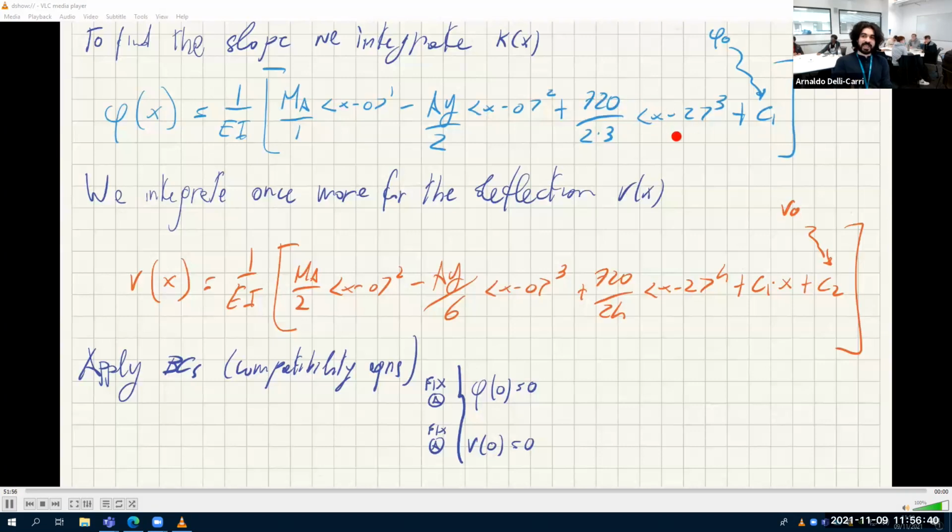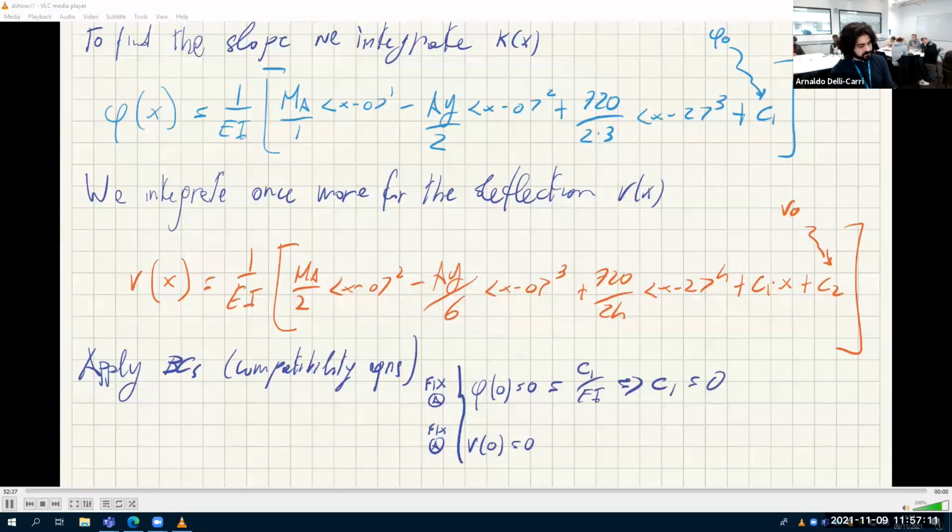So 0 minus 2 is negative, and if it's negative, it's 0. So this also goes away. So we are left that phi of 0 is C1 divided by EI. But it's also 0. And that means that C1 is 0, exactly as I said earlier. Agreed? Agreed.